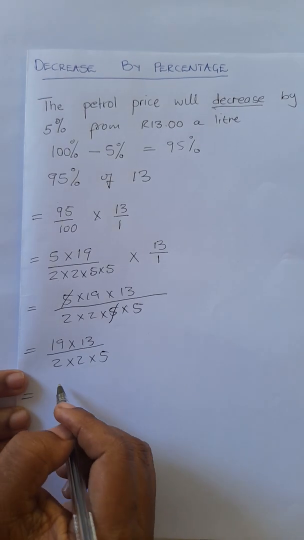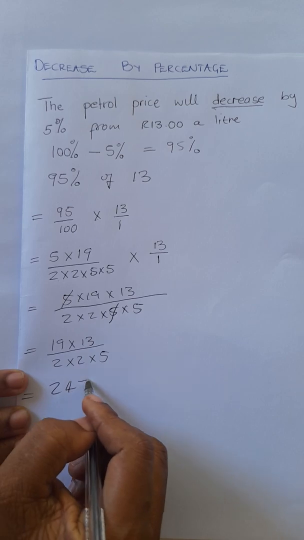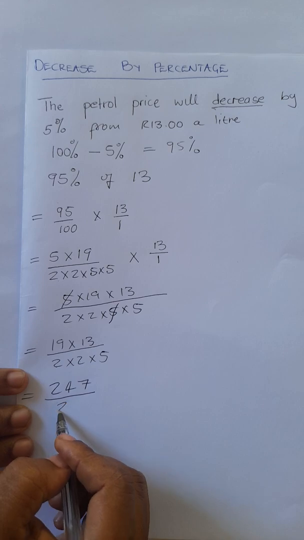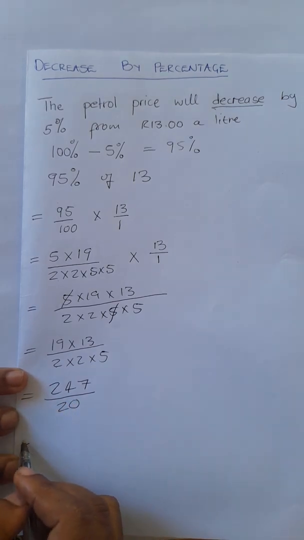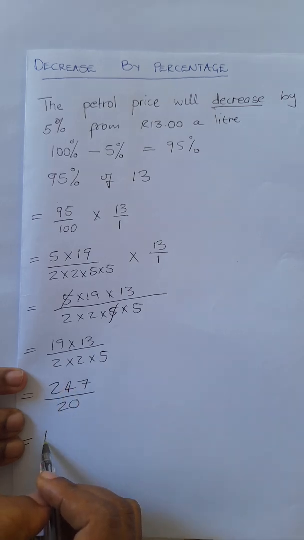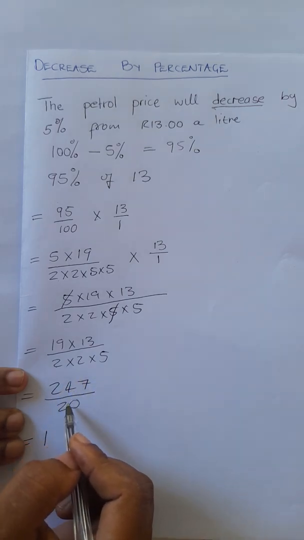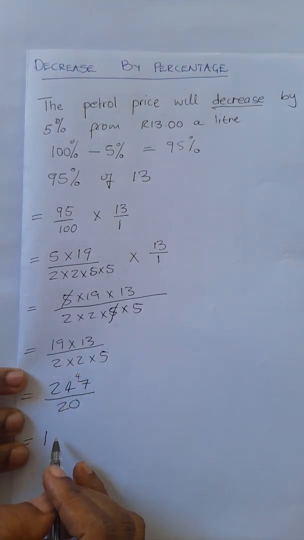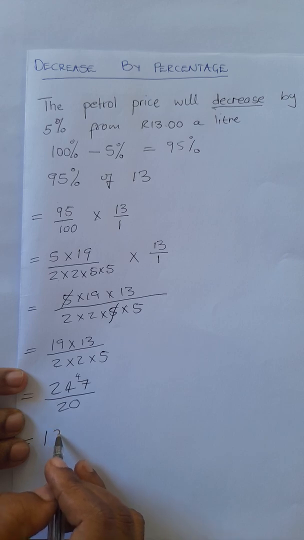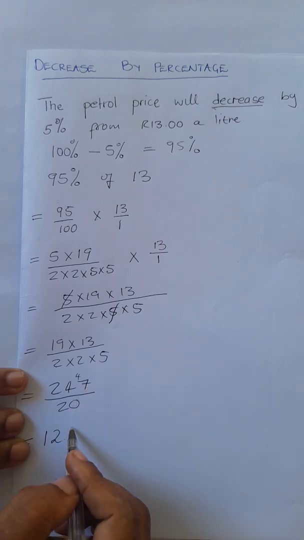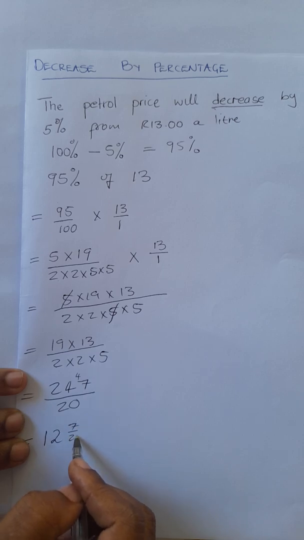That would be 247, and at the bottom we have 2 times 2 times 5. That gives us 20. Then we have to divide further. 20 into 24 is 1, and the remainder will be 4. 20 into 47 would be 2, and the remainder would be 7, and we will have 7 over 20.